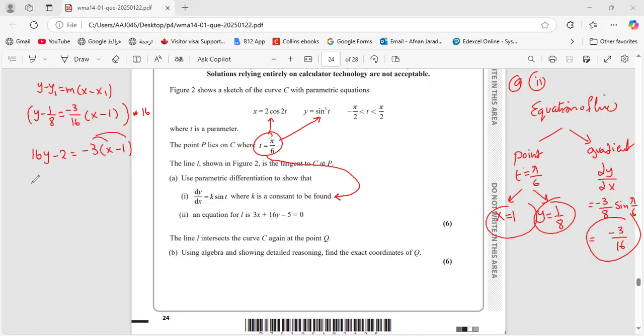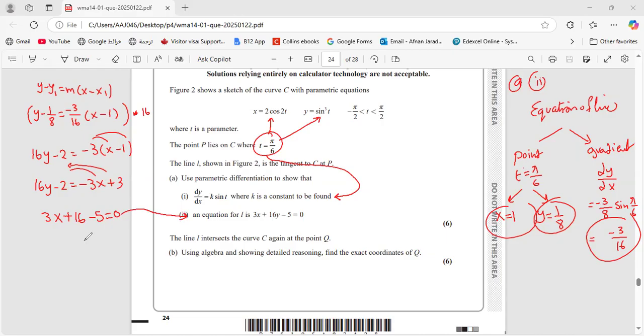Then distribute negative 3. 16y minus 2 must equal minus 3x plus 3. Now take this one and this one to the side: 3x plus 16y and minus 2 minus 3, it will be negative 5 equals to 0. Shown. Show that L has this equation.